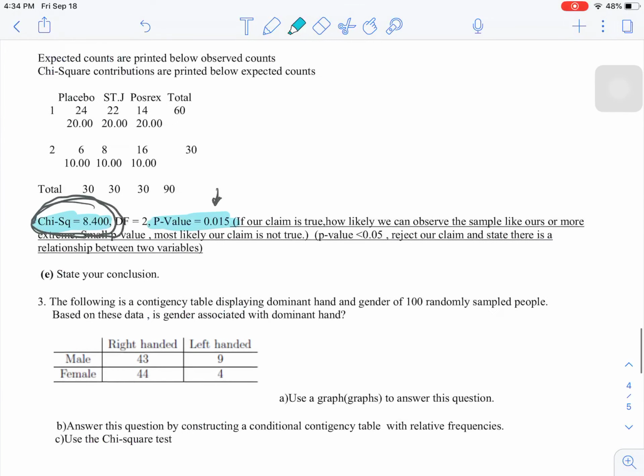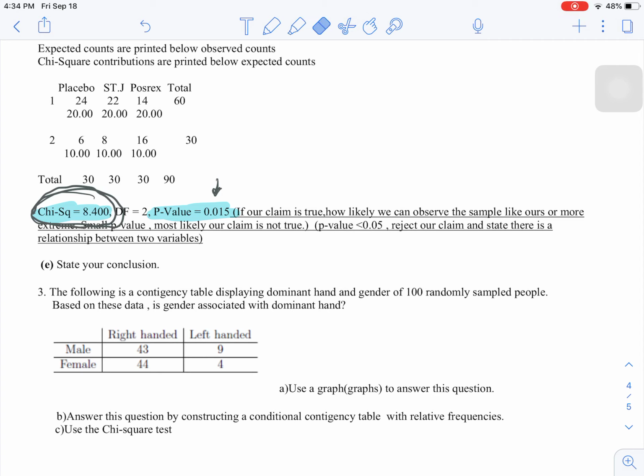So let's go back to our example. Minitab found for us that based on our chi-squared value, this p-value is really small. Our p-value is 0.015, which is definitely less than 0.05, right? 1.5% is definitely less than 5%. Therefore, what should our conclusion be? Our p-value is really small.